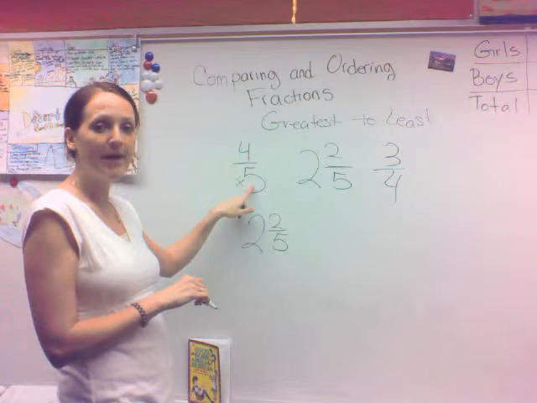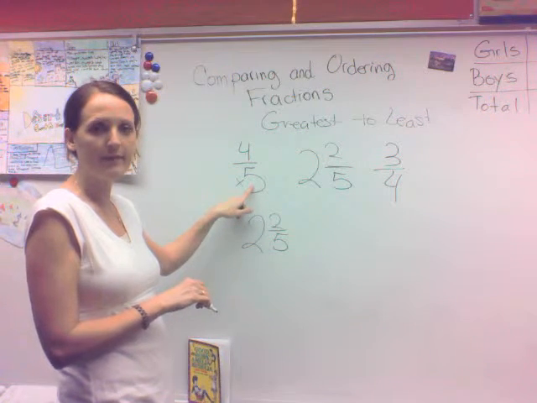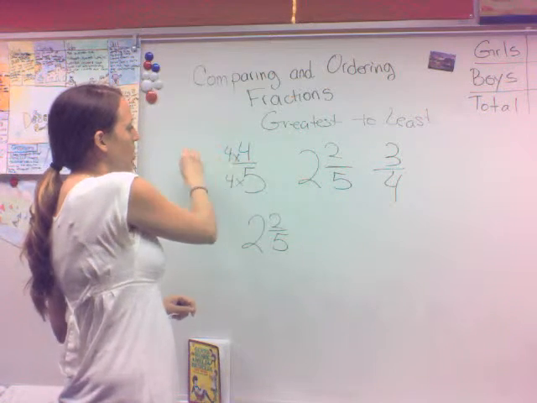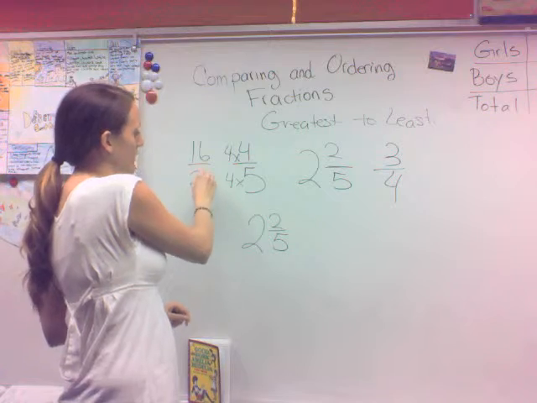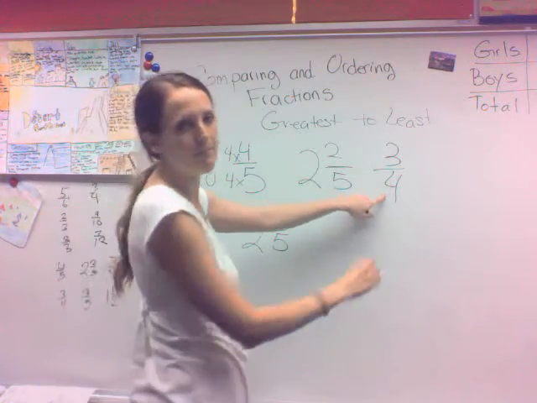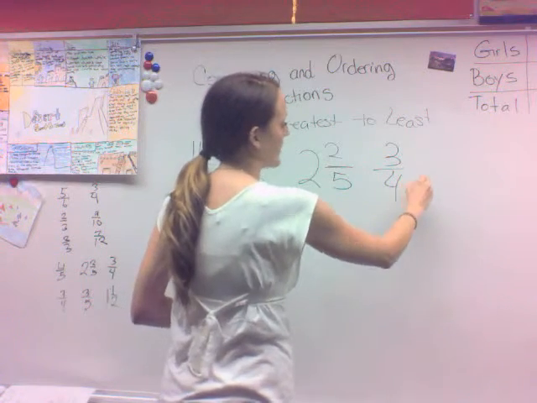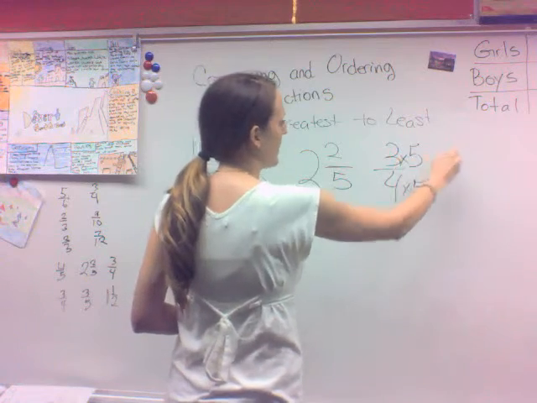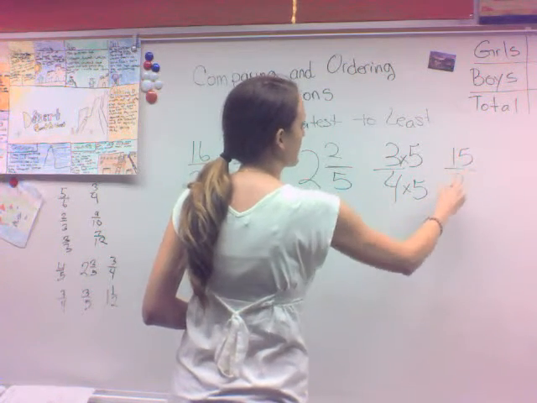What do I multiply 5 by to get 20? 4. And I do it to the top, which becomes 16/20. What do I multiply my 4 by to get to 20? Times 5. If I do it to my bottom, I do it to my top. So I get 15/20.